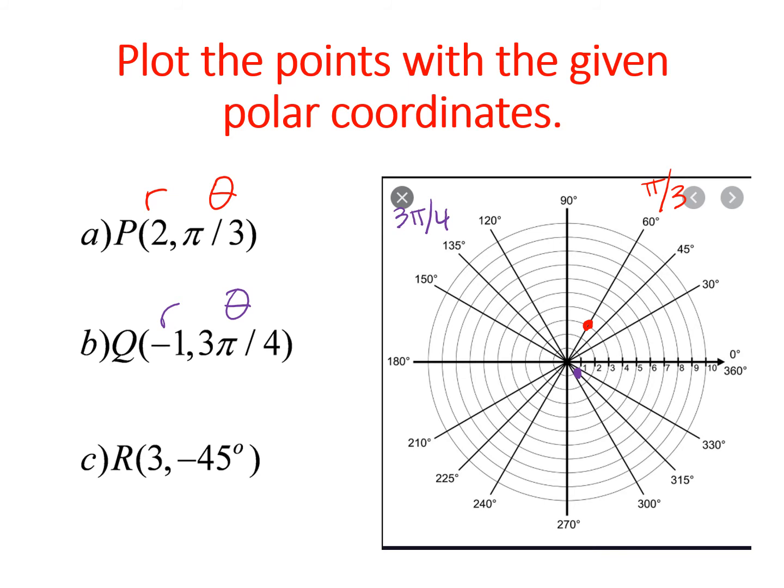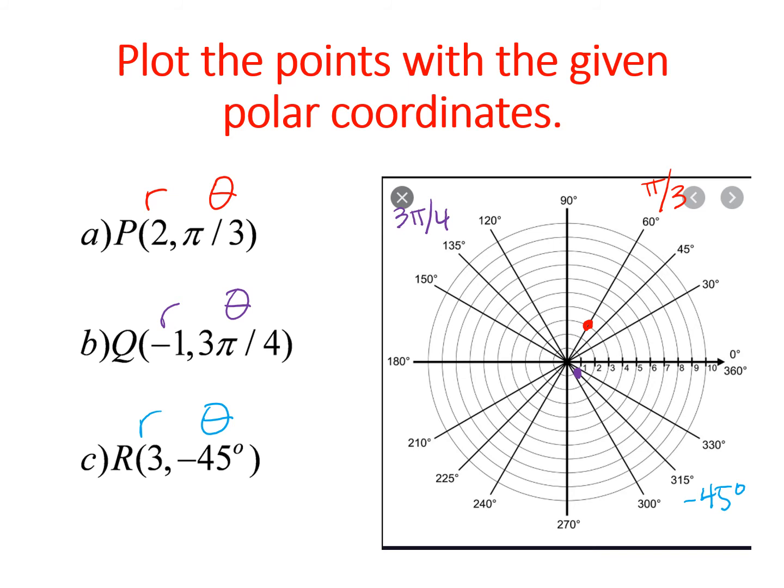And then for letter C, let's rock a little Carolina blue. So this one we have (3, negative 45 degrees). Again, I'm going to try using the angle first. Remember, this would be negative 45 degrees here because we would rotate in the clockwise direction.